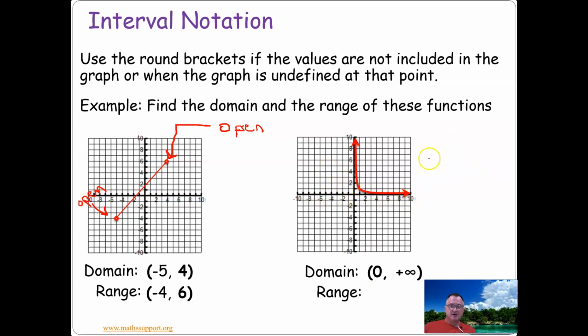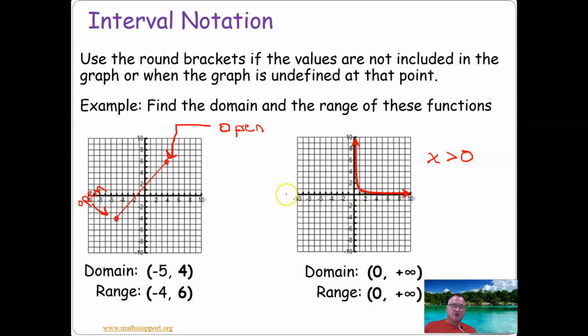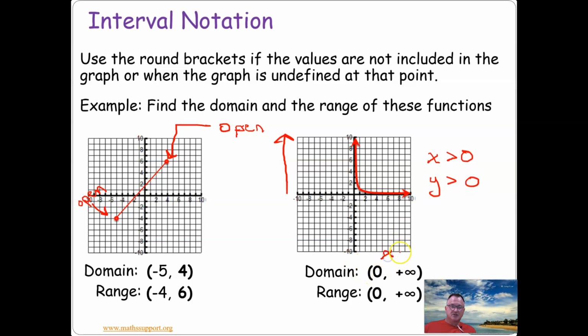That's the same as saying x is greater than 0. The range doesn't touch the x-axis here, so our range is from 0 up to infinity, and I'd write that as y is greater than 0. So this notation is the same as x greater than 0. This notation is the same as y greater than 0.